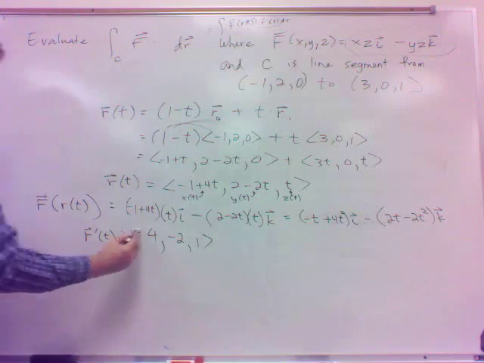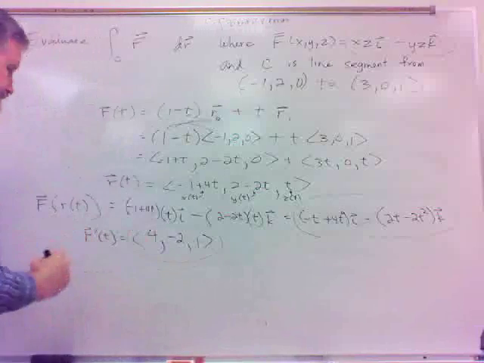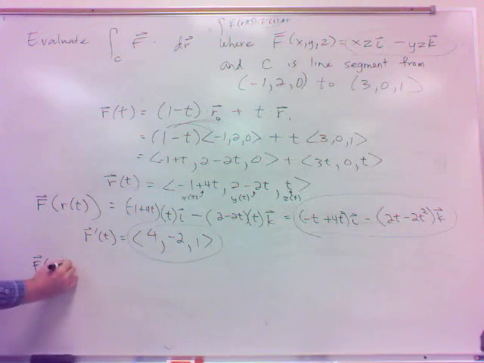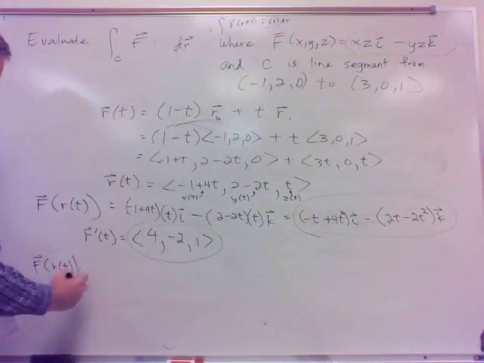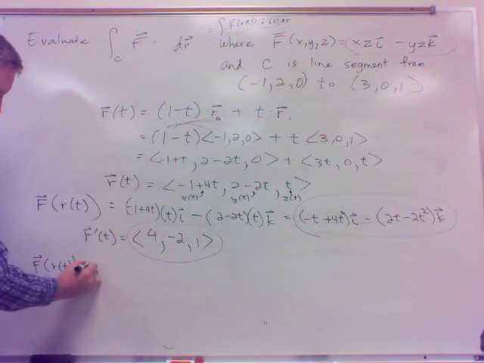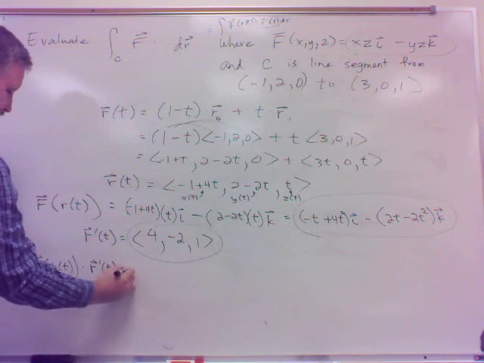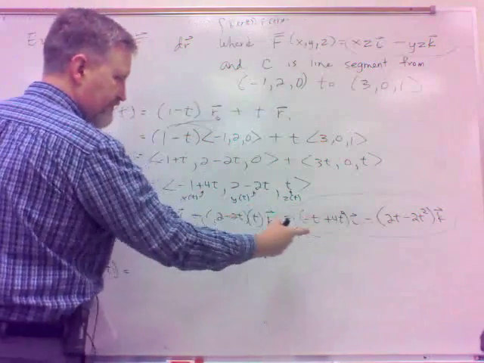Then we need to dot those two things together. One way is to do it all separately so you don't have to keep up with all the parts. Dot product: multiply the components together and add them.